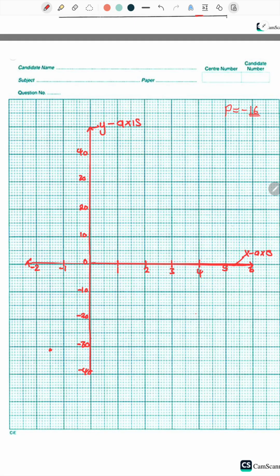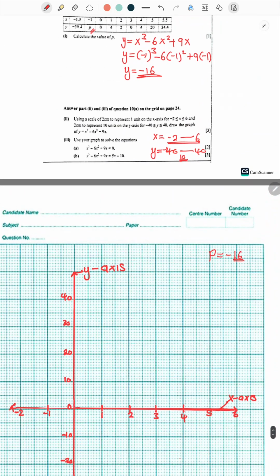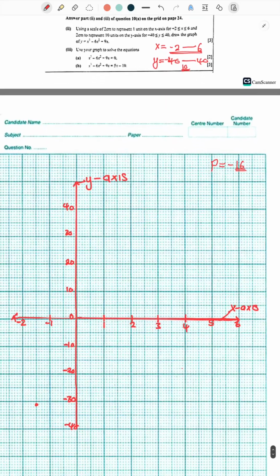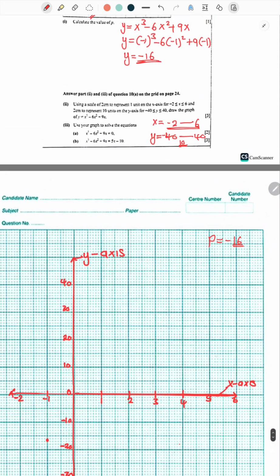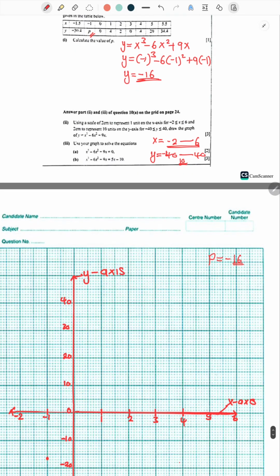Next, this is going to be negative 1 comma negative 16. So negative 1 comma negative 16. Negative 16, this is 15, 16 is going to be somewhere here. Next, 0 comma 0.